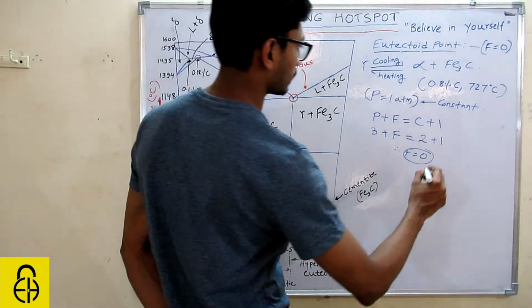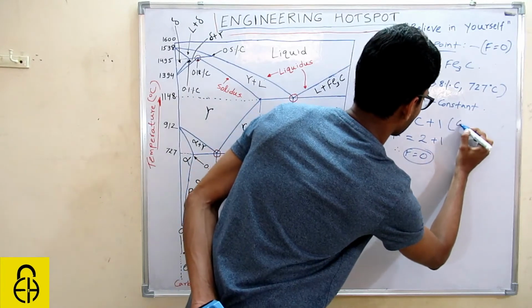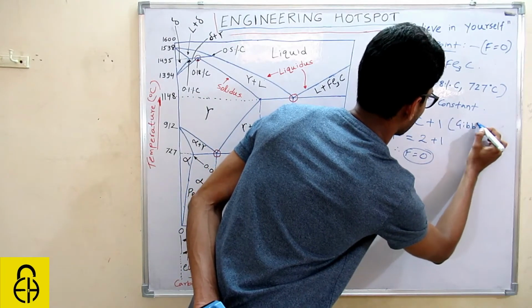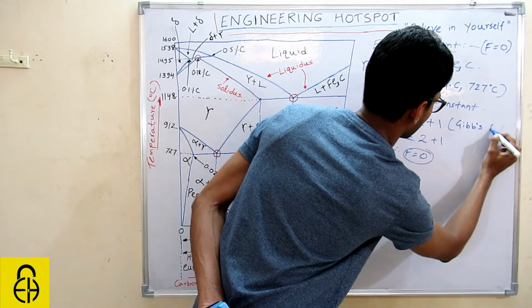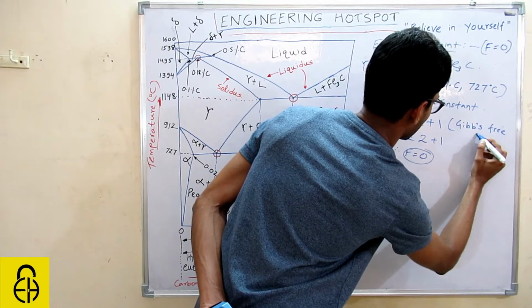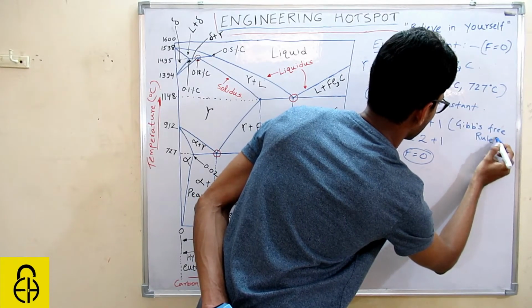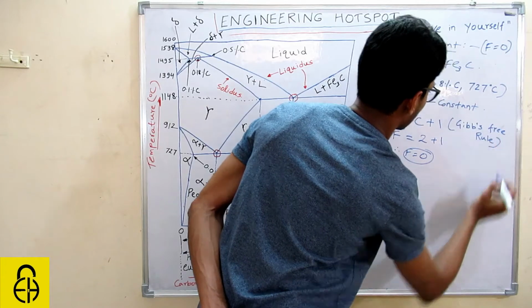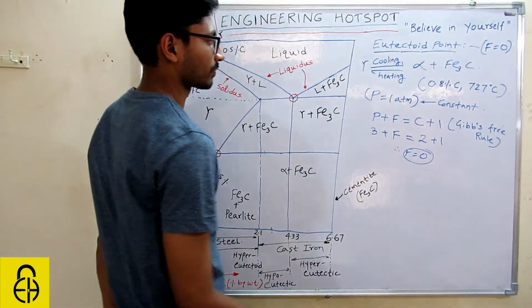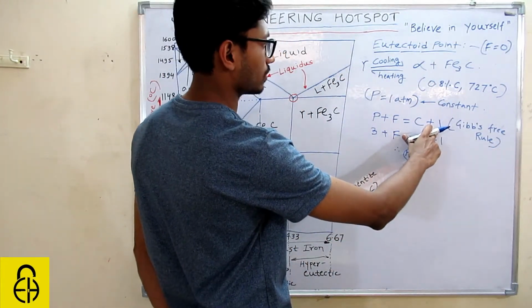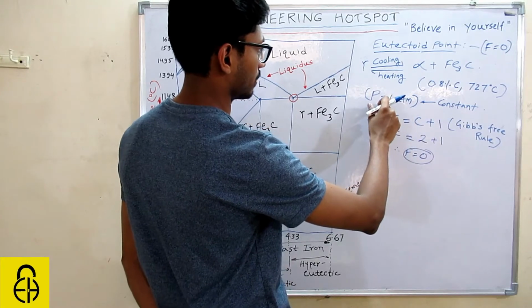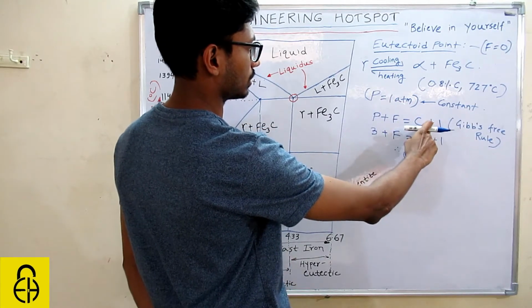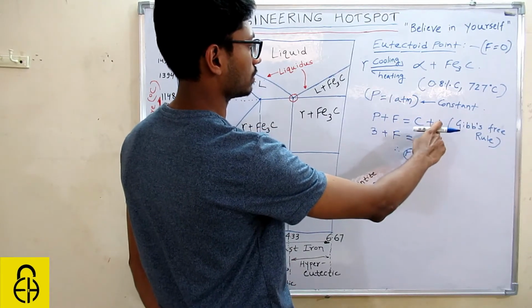Why have we used 1 here? Because the pressure is kept constant. So instead of using C plus 2, I have to use C plus 1.